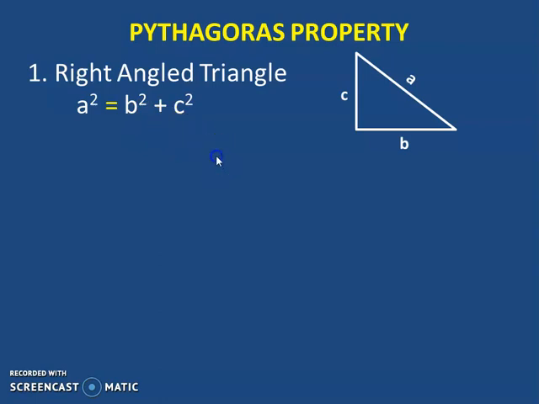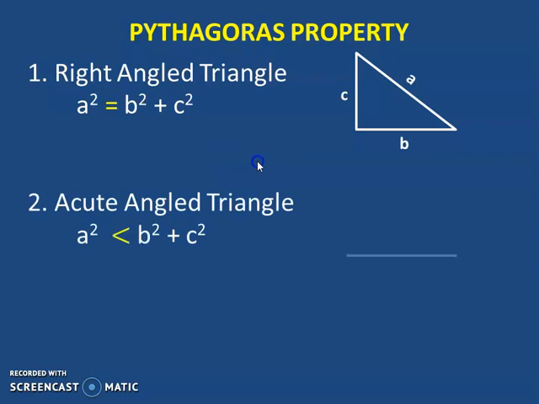If there is another condition, such as an acute angle triangle, you are given 3 sides, 3 lengths, and you will find out the longest side. Here it is not a right angle, it is an acute angle triangle, so no right angle has been given. Then how do you find your hypotenuse?